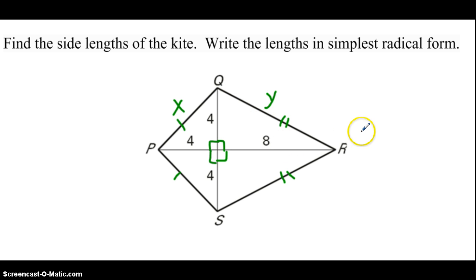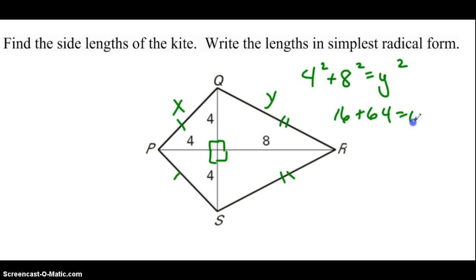So let me use the Pythagorean theorem to find y, and I'll tell you why I'm doing y first in just a minute. So if I wanted to use Pythagorean theorem, we're going to get 4 squared. What did I just write there? I have no idea what that is. Let's do it again. All right, so 4 squared plus 8 squared equals y squared. 16 plus 64 equals y squared.